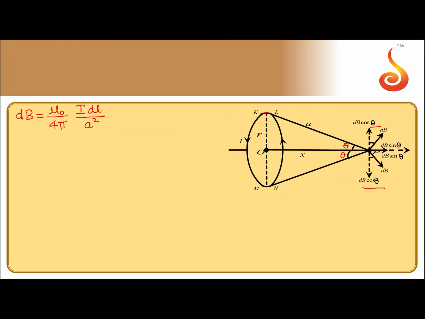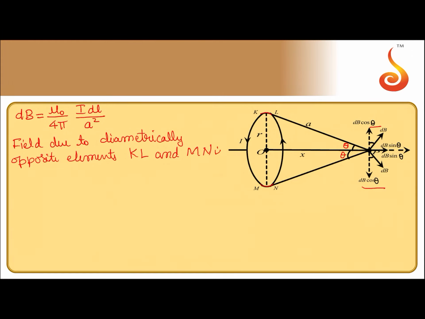So the field due to these two diametrically opposite elements KL and MN put together is equal to 2 dB sin theta.